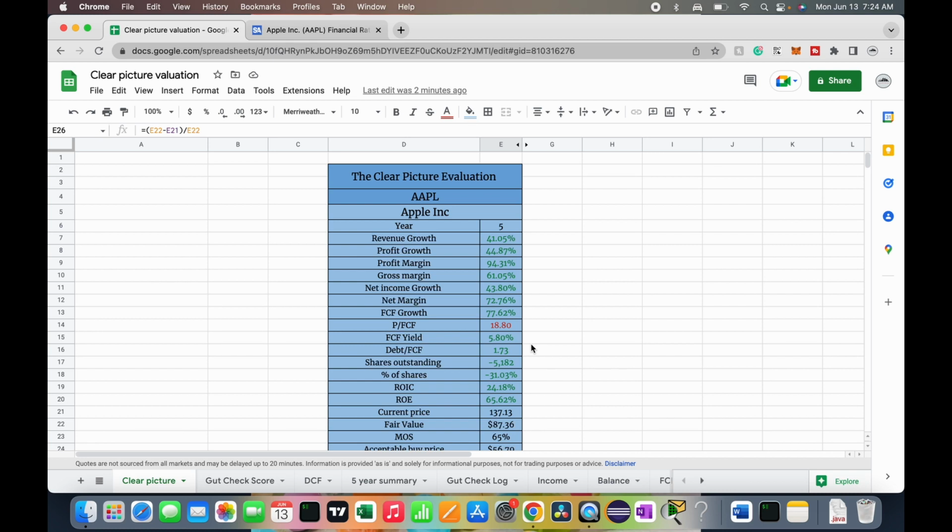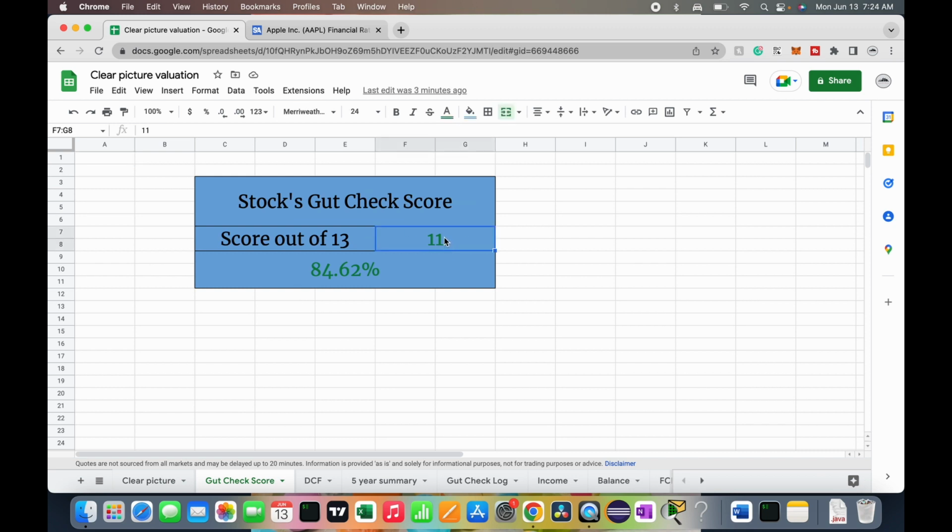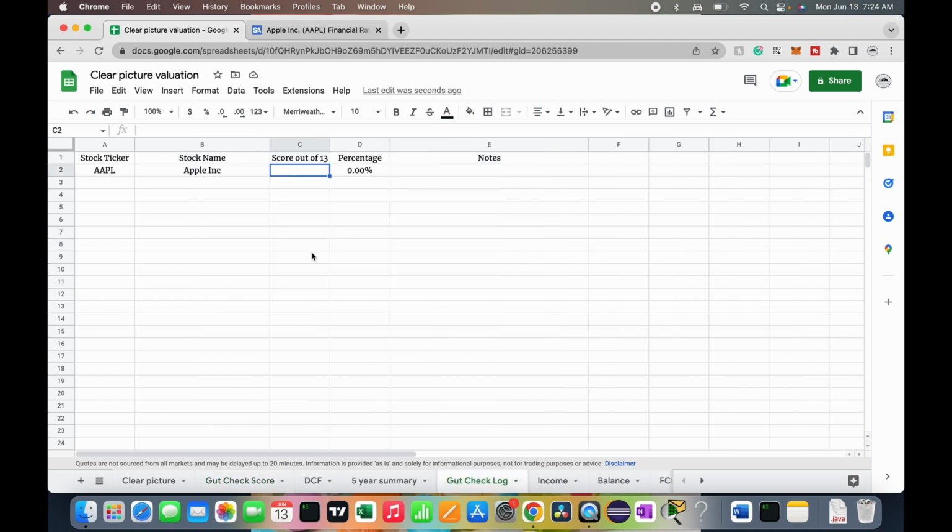The higher the number, the more likely the stock will be fine in a bear market, which we're in. That's why I'm redoing all my valuations. So we have 12 out of 13, because the price to free cash flow was a little high, but it still counts. We have 92.31%, so we just log it here.